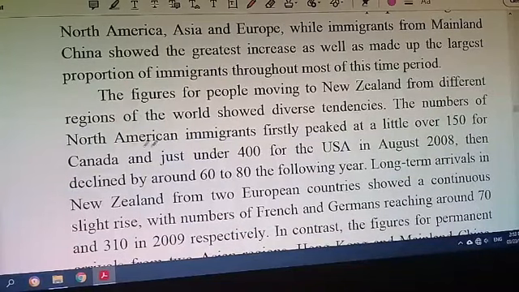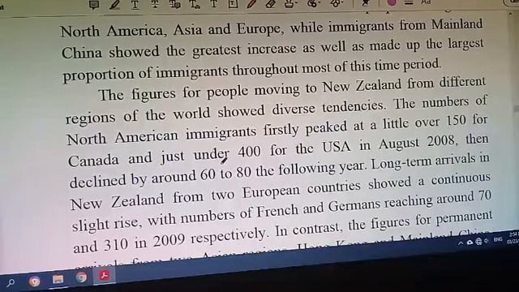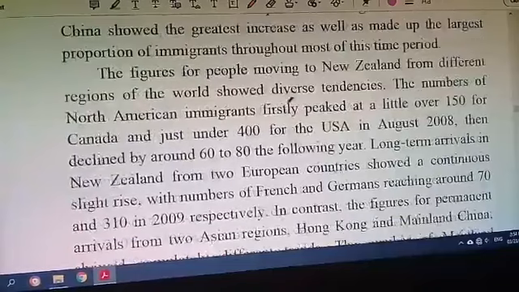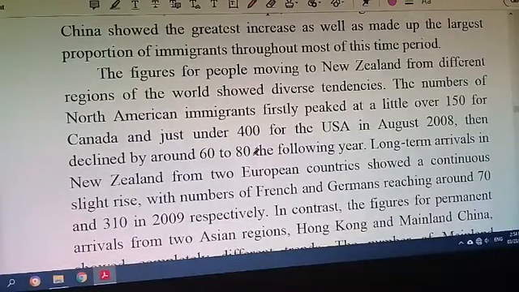The numbers of North American immigrants firstly peaked at a little over 150 for Canada and just under 400 for the USA in August 2008, then declined by around 60 to 80 the following year.